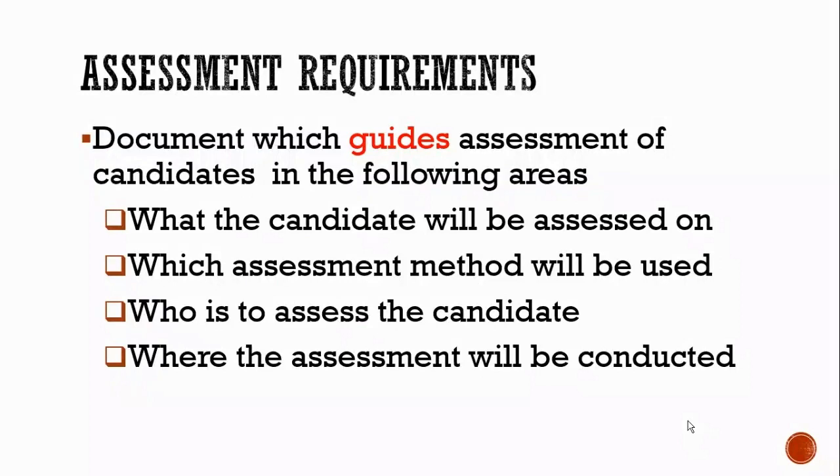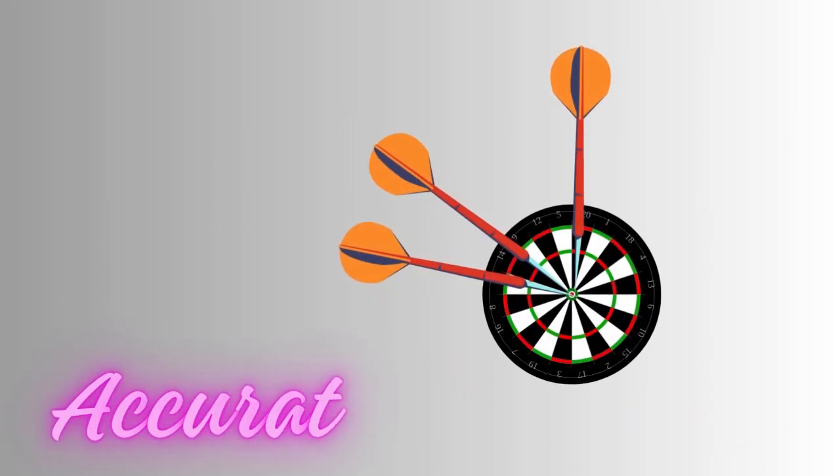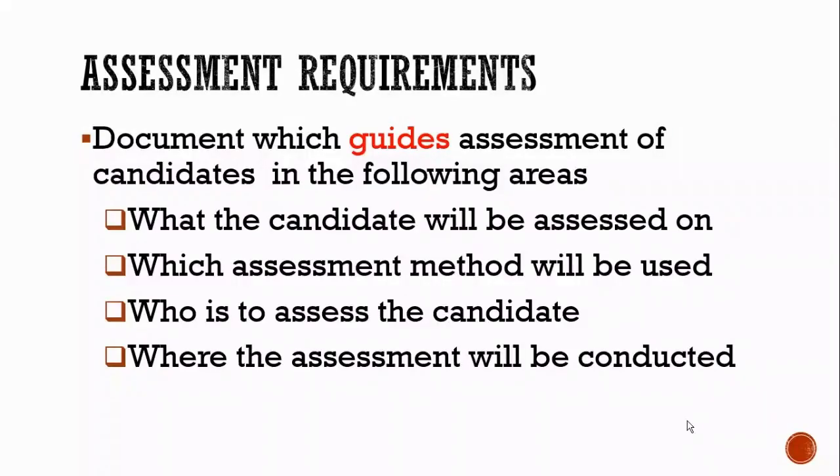So it outlines the context. Therefore, it is a crucial tool for developing and assessing learning outcomes, as it also helps the assessors to design assessments that are fair, accurate, and aligned with the specific learning outcomes. And therefore, it's a very important document that addresses those areas.